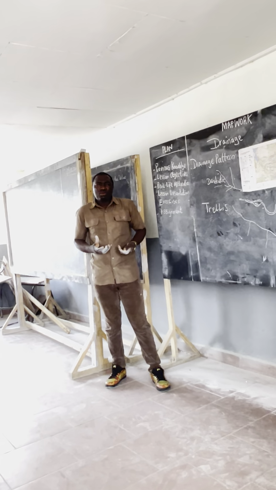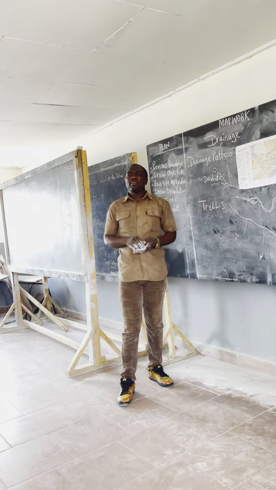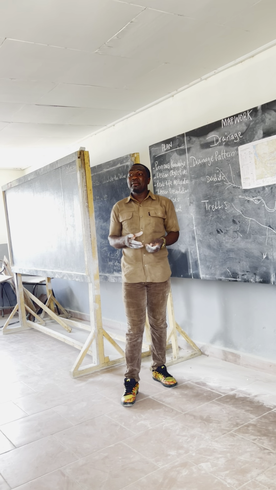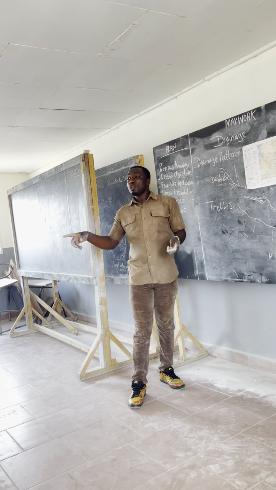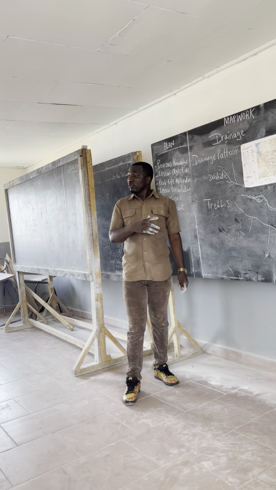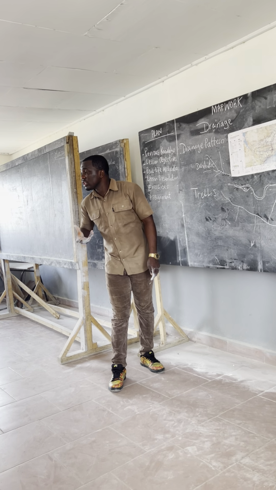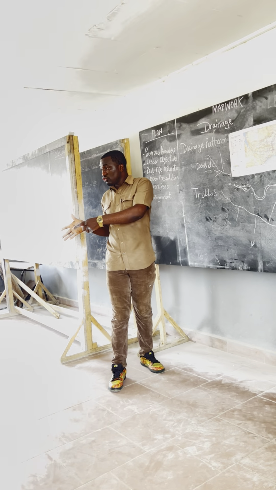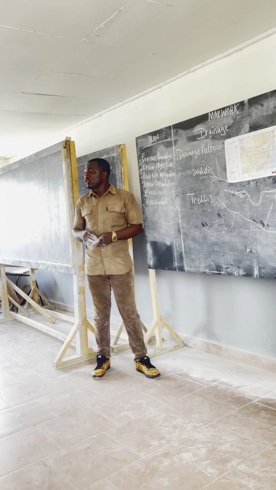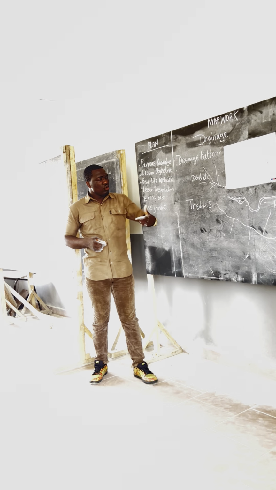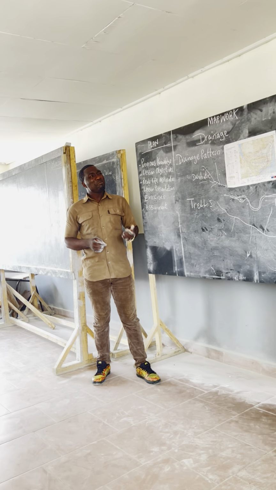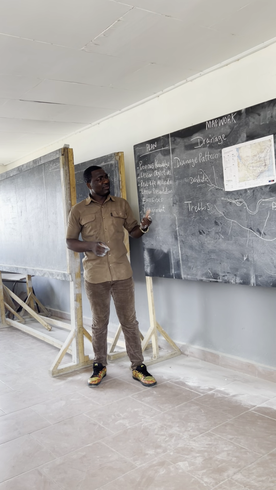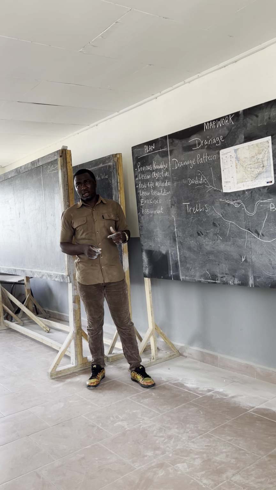You know, in settlement geography, the shape of settlement, we term it morphology. But the shape of drainage pattern, we call it the morphometry. So that is the difference between morphometry and morphology. You have to comment on the shape of this pattern based on certain map evidence that you come across.